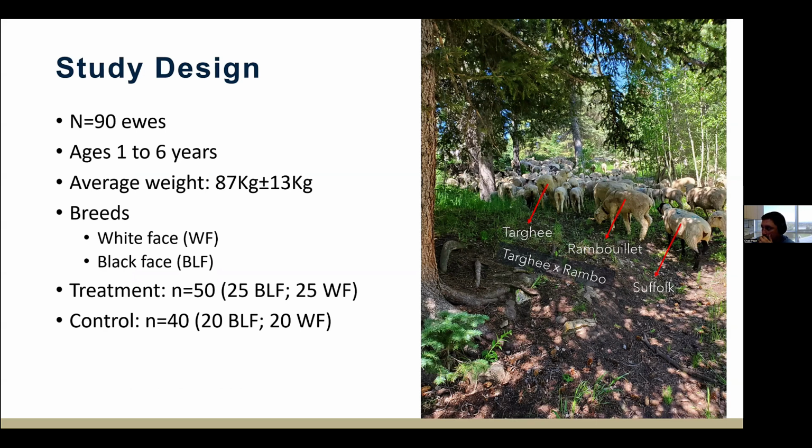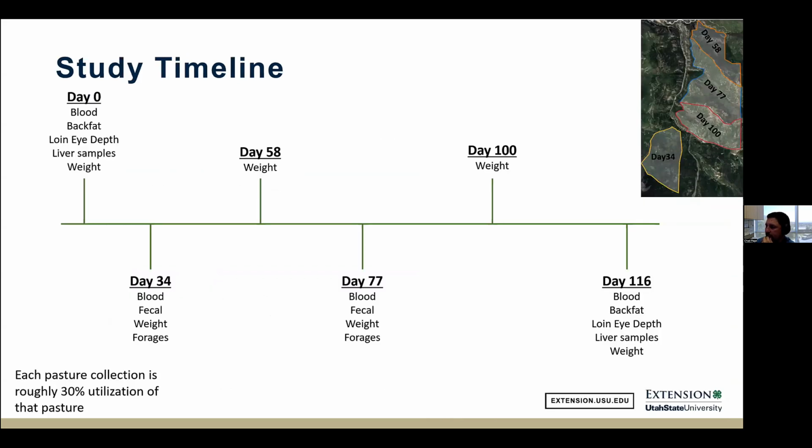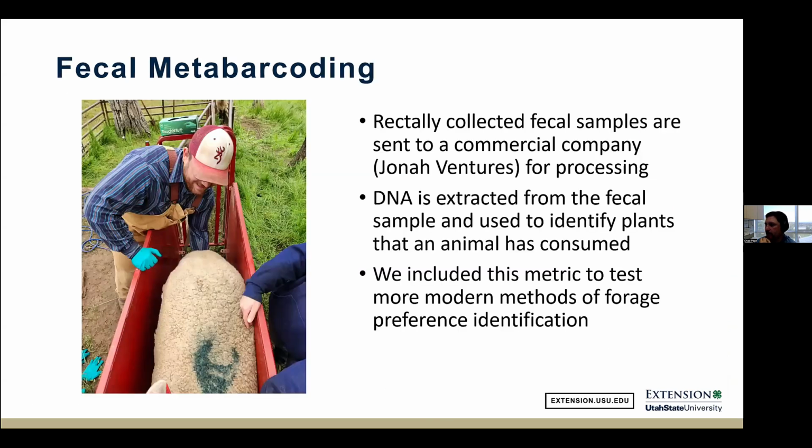And as we moved around this mountain, here are a couple different aerial shots. We also took samples of all the forages available. Here's a time frame of when we took samples throughout the summer. We used this new tool that some people are starting to utilize more on the science end.